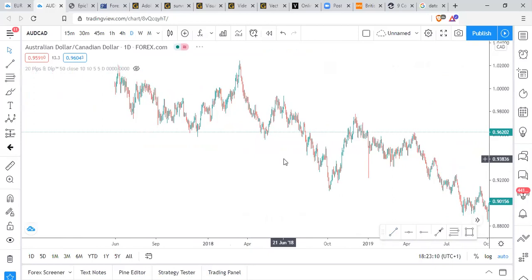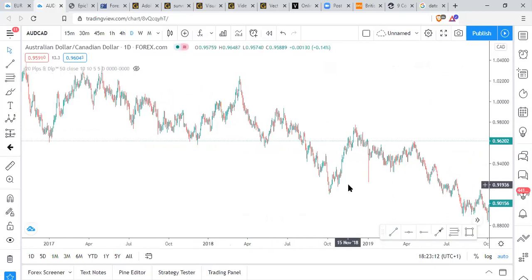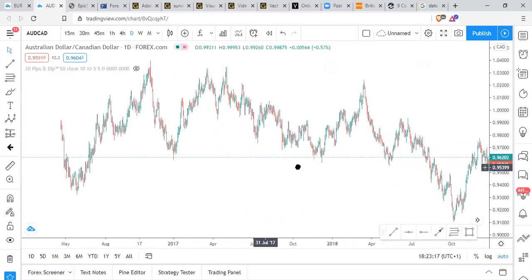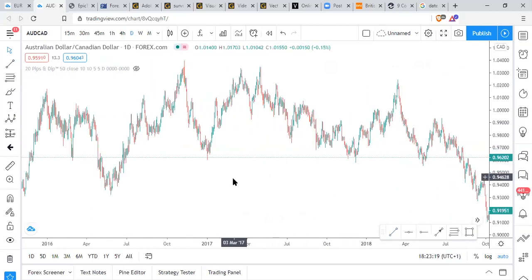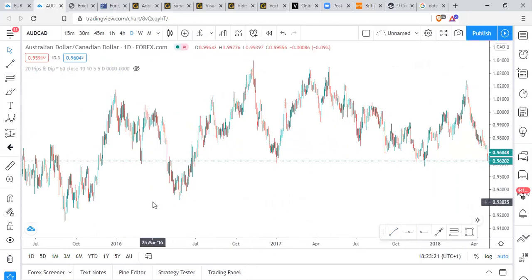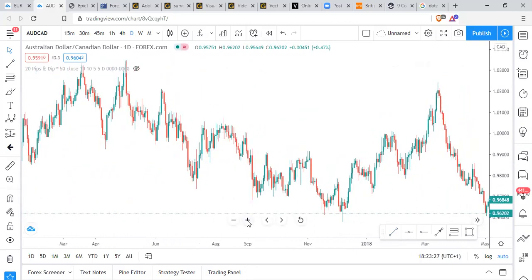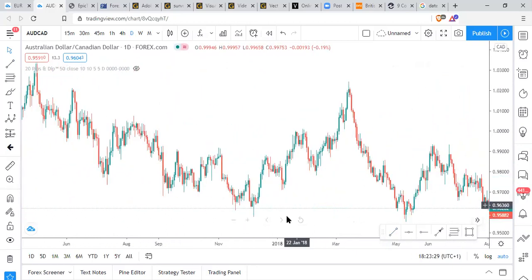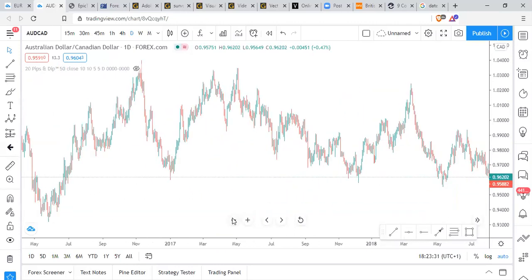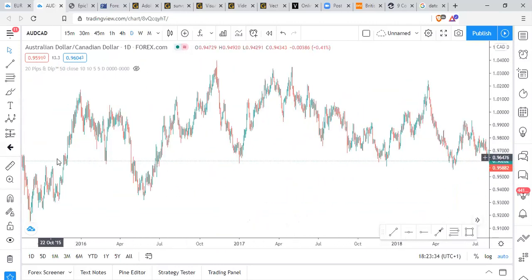I want to show you guys what I really mean, how you can set your TP and SL using just support and resistance. All right, so we have seen reaction one, reaction two, reaction three.